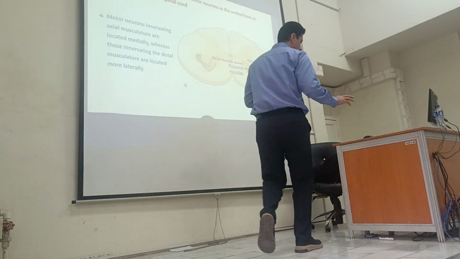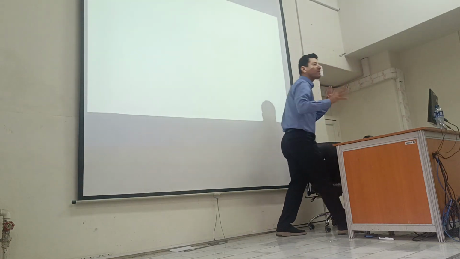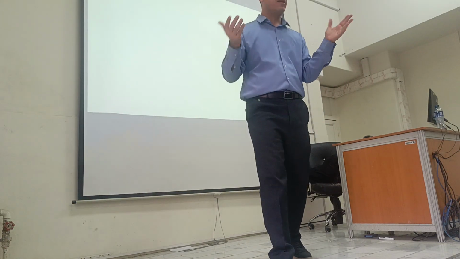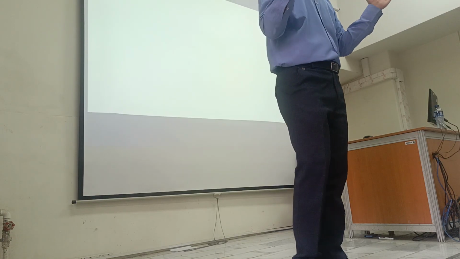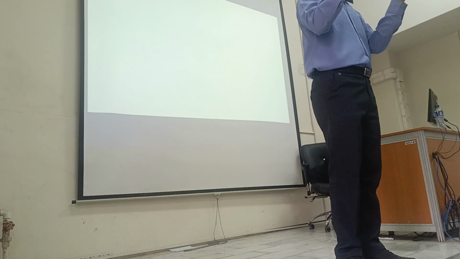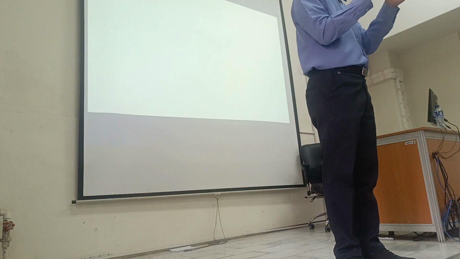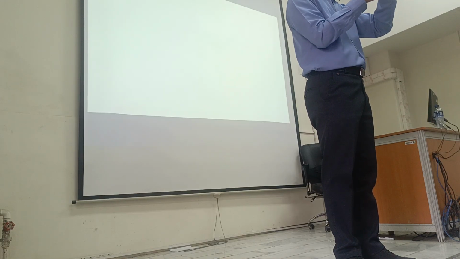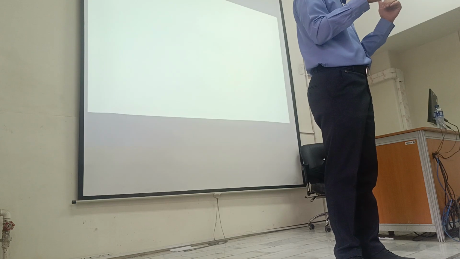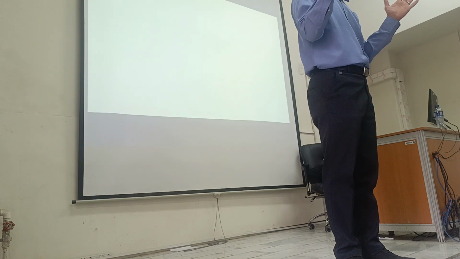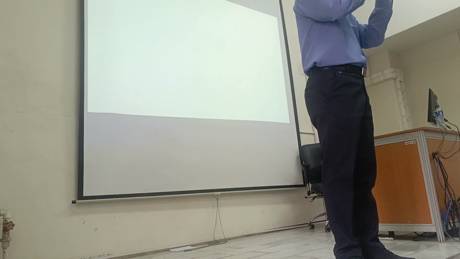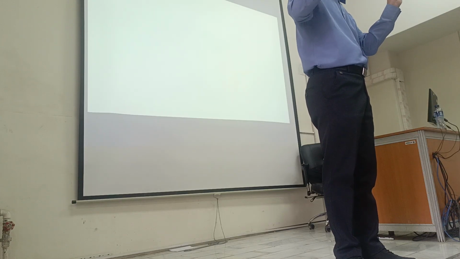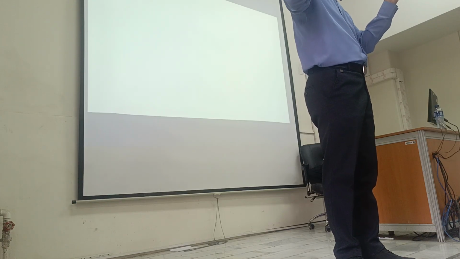So actually, let me talk about this here. In the muscle, we have muscle fibers, right? You know this. In the fibers, we have actin and myosin. Actin and myosin contract to produce contraction, right? So the force of muscle contraction is made by muscle fibers. They are called extrafusal fibers, right?